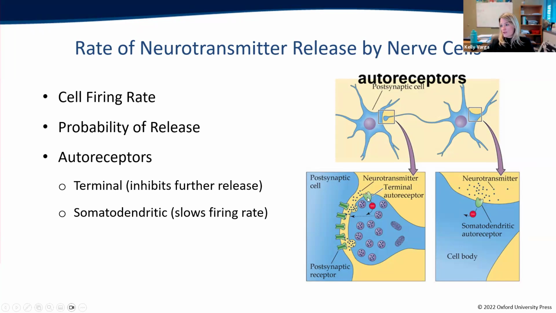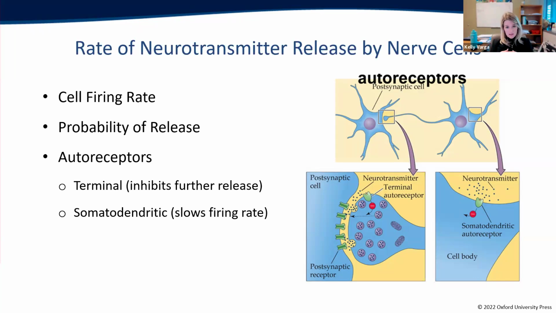So we put these terminal autoreceptors further away from the active zone as a fail-safe, like the bumpers on a bumper car. Sure, I want to release at my active zone. I want to have my docking site ready to go. If I'm releasing under normal conditions and everything's doing its job, that's great. My autoreceptor shouldn't theoretically be on.